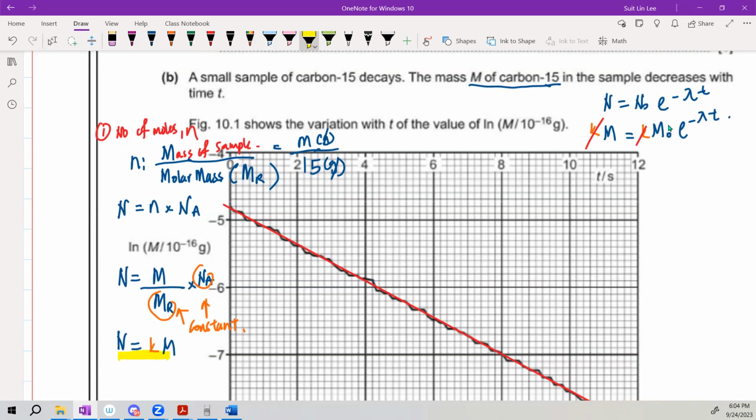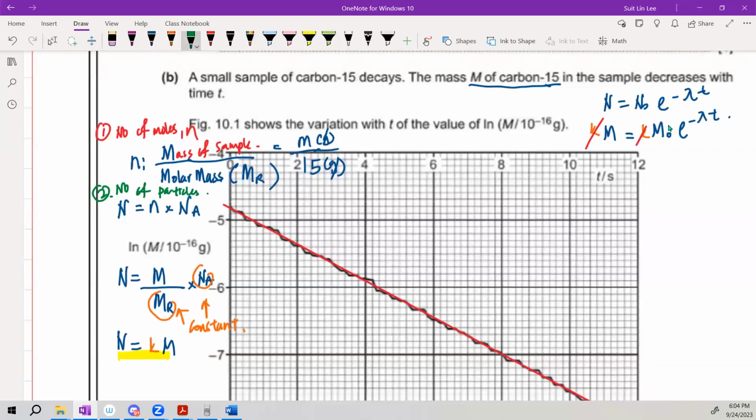But before you adapt to the ability to translate across variables, then justify it for yourself. Number one, write down what you're trying to substitute N with, which is mass. Then I need to think about how do I include mass inside the calculation to find the number of particles. So I find the number of moles first of all, mass of sample divided by molar mass. Number two, I find the number of particles.